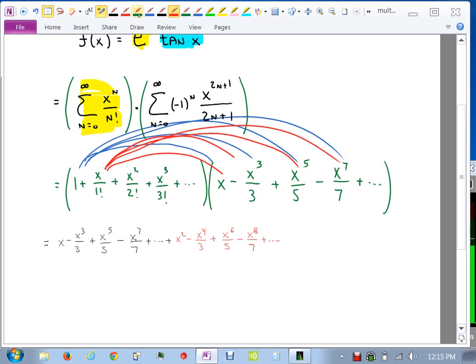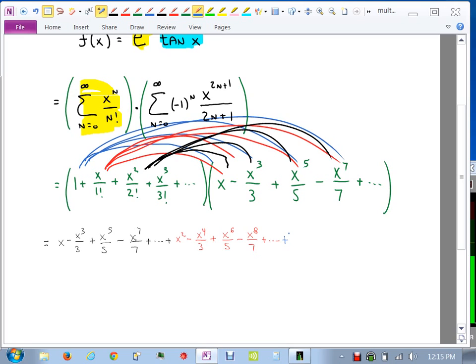And then I go to the next one, which is a pain in the butt, to say the least. Okay, that's x squared over 2, right?